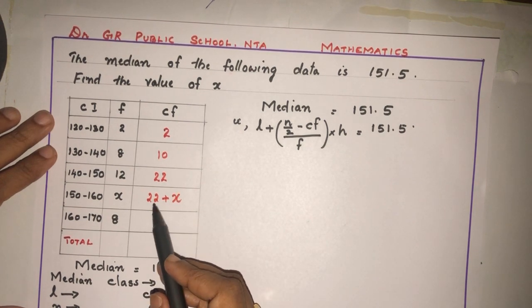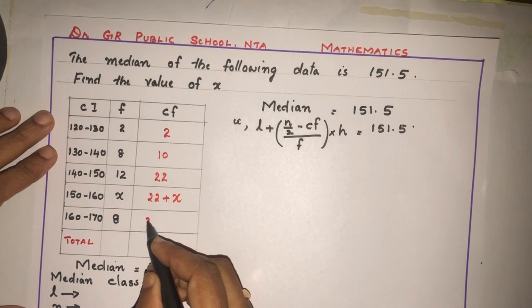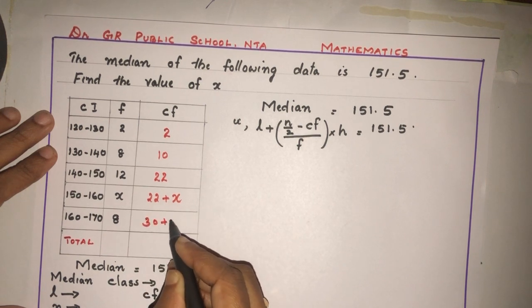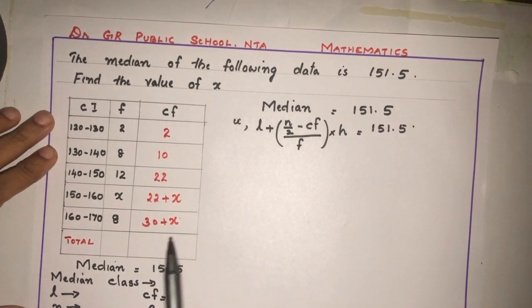Then 22 plus 8 is 30. 30 plus x. So when we add all these, we are getting 30 plus x. Okay. Now we have to collect the data to apply in the formula.